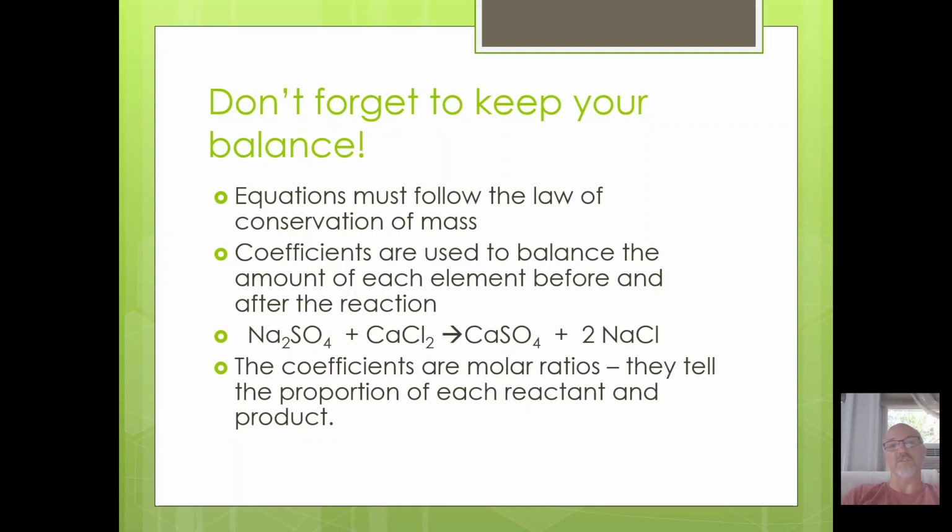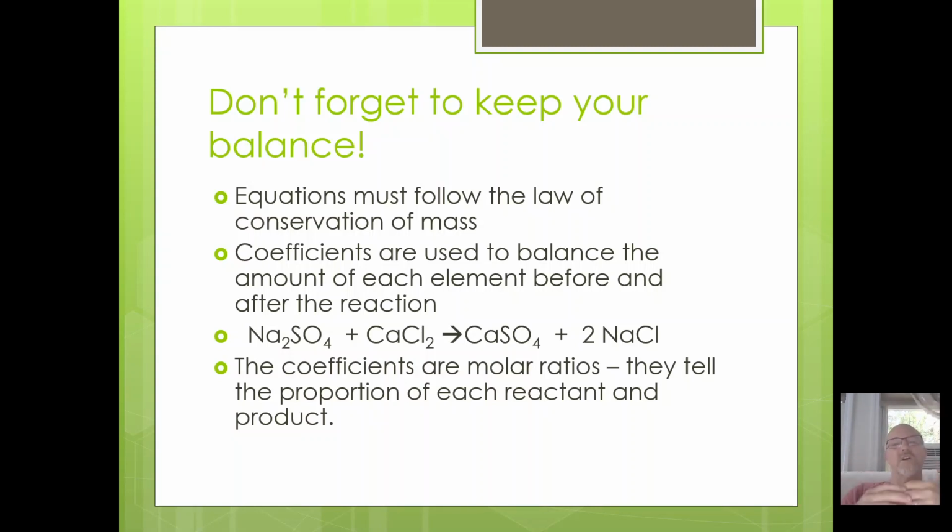So we use coefficients, right? We use numbers in front of formulas. We can't change formulas. We put numbers in front of formulas to balance equations. It turns out that not only can we relate to that on an atomic level, 3 atoms over here, so I got to do something to make sure there's 3 atoms of the same thing over here, no matter how it's combined in a different formula, the different subscripts.